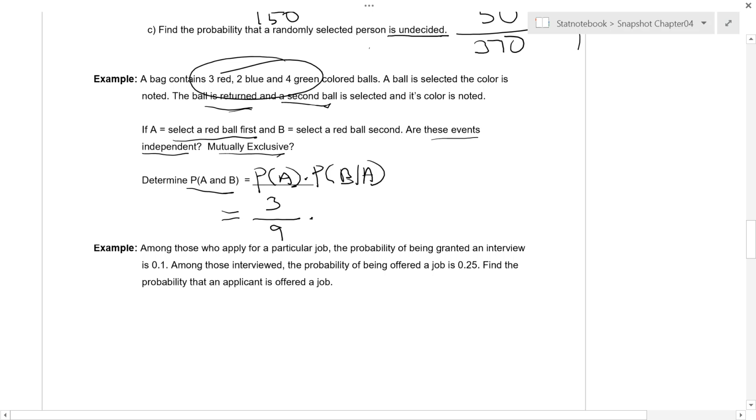In the second part, I'm giving you a condition, and that condition was a red ball was selected first, but the ball was put back. My world is still 3 red, 2 blue, 4 greens. In this world here, there are 3 ways to get a red ball second. There are 9 ways to get anything. So 9 over 81, or 1 over 9.